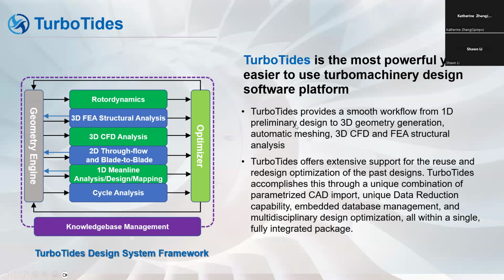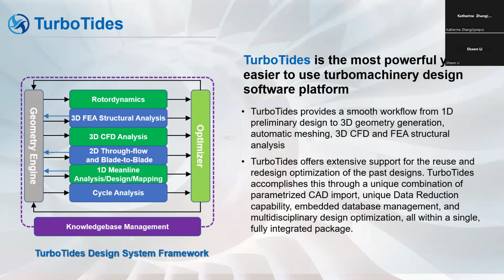This program was developed much more recently than any of its competitors by a larger engineering team and was developed using more modern techniques in computer science. For this reason, TurboTides can provide a much smoother workflow than our competitors, from 1D preliminary design, 3D geometry generation, automatic meshing through 3D CFD and FEA structural analysis.